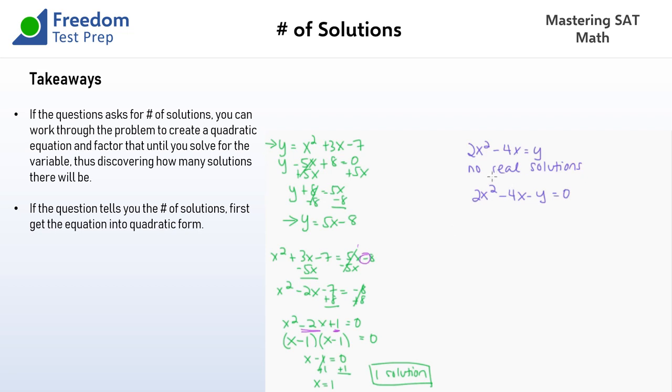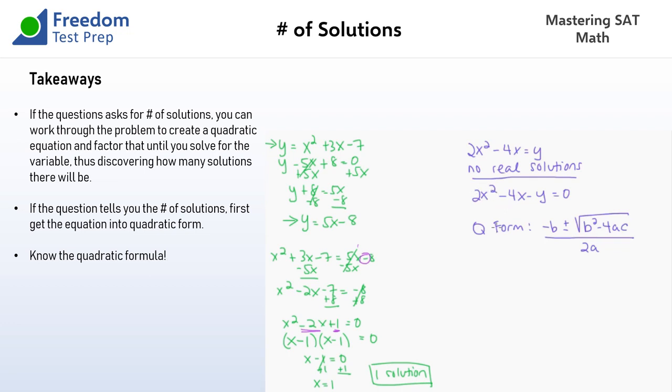Now, where do you go from here? When they tell you there are no real solutions, this is the big thing. You have to go to your quadratic formula, or as I am shortening it to, Q form. All right, and you should know this. I'd like you to commit this to memory. It's -b plus or minus the square root of b squared minus 4ac, and that whole thing is over 2a. Now, here's the important part.